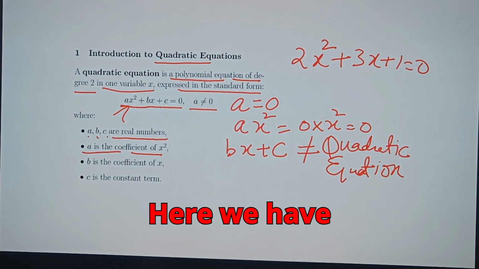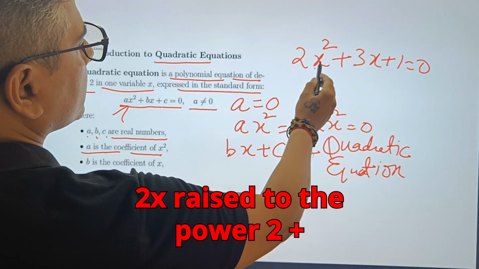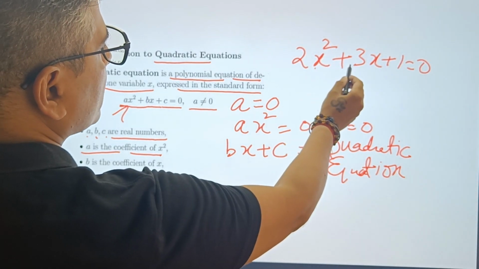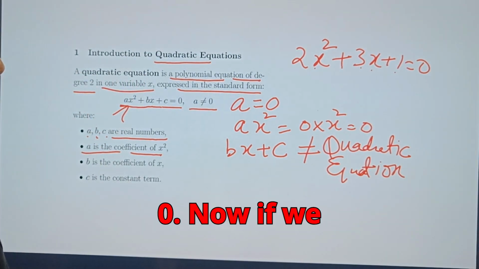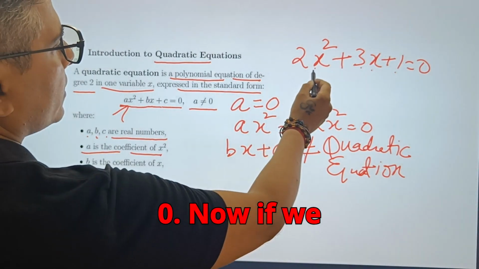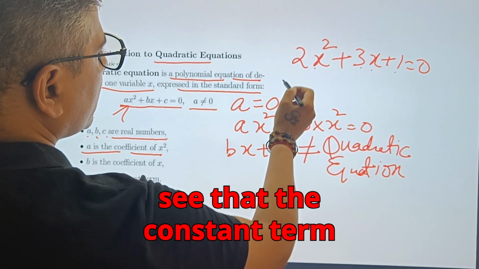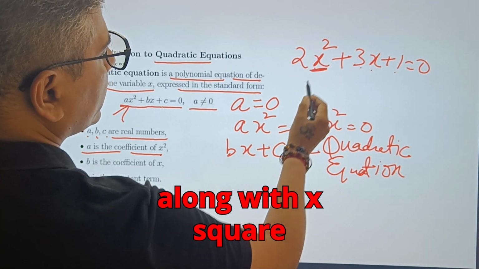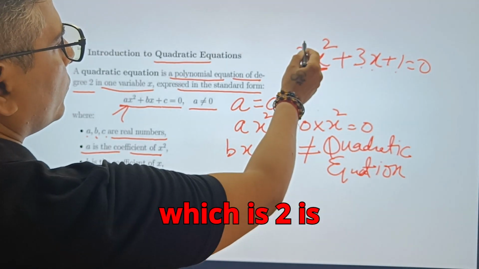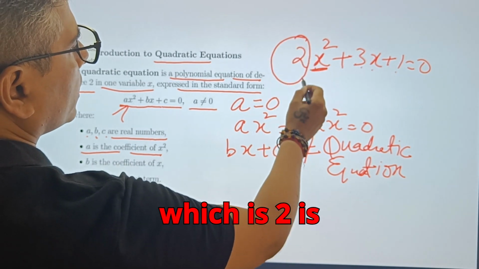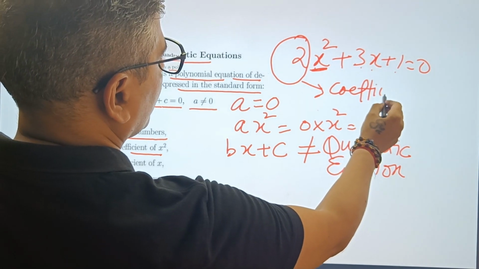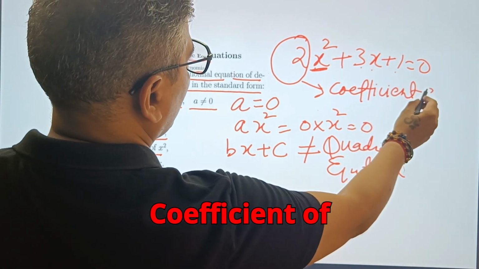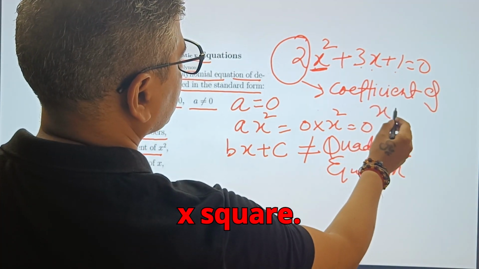Here we have 2x² + 3x + 1 = 0. Now we can see that the constant term along with x², which is 2, is the coefficient of x².